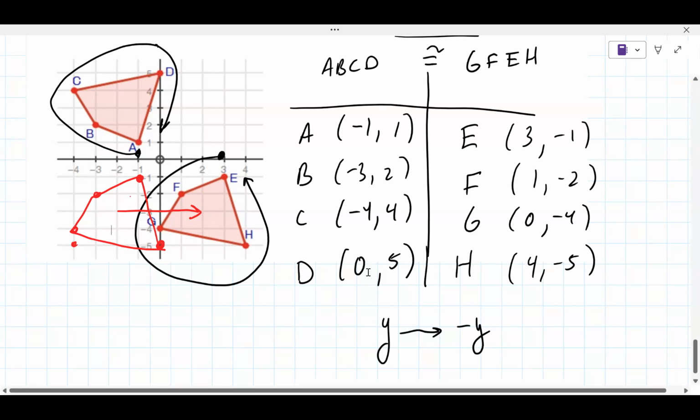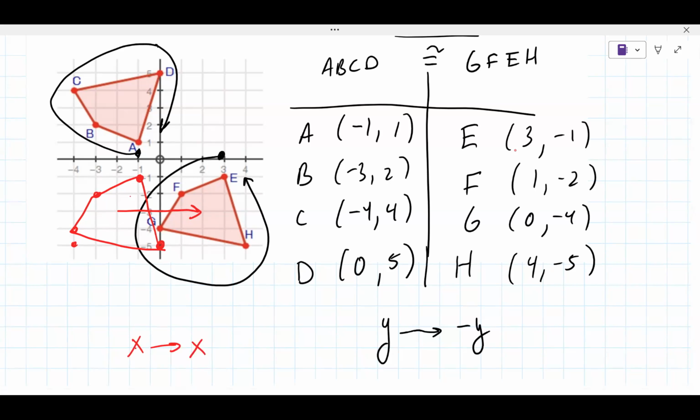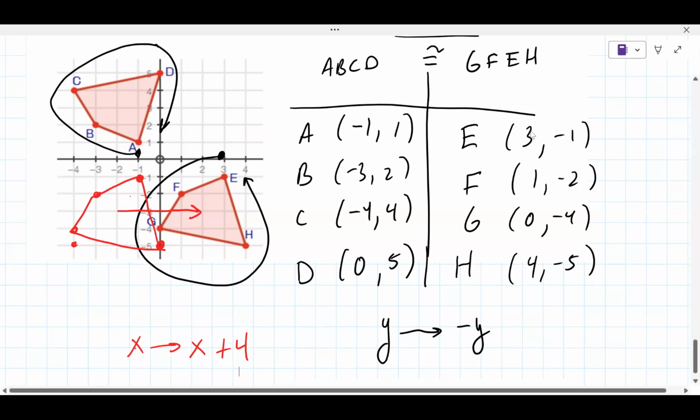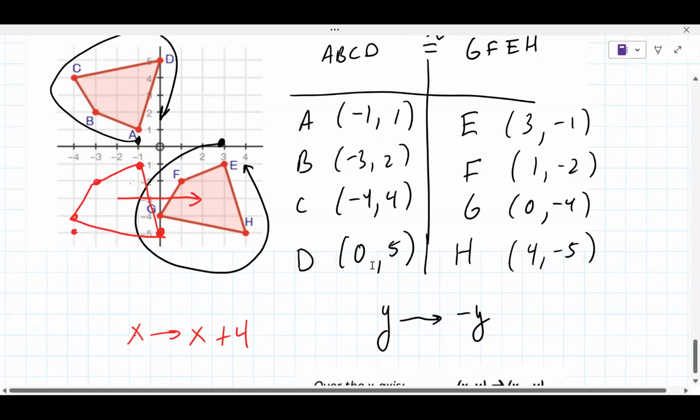Looking at the new X values, they all go up by 4. Is 3, 4 more than -1? Yes. Is 1, 4 more than -3? Yes. Is 0, 4 more than -4? Yes. Is 4, 4 more than 0? Yes. So there you have it, there's your transformation.